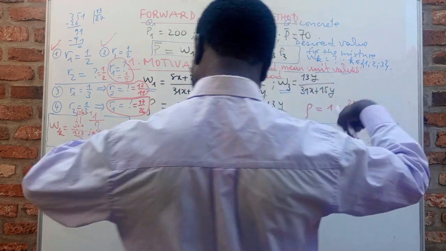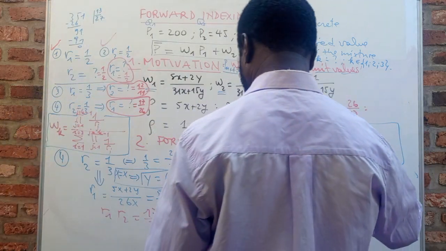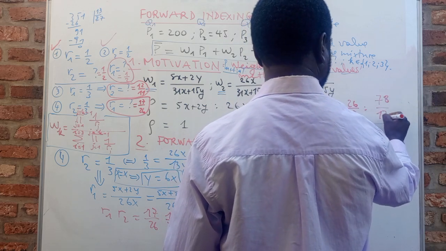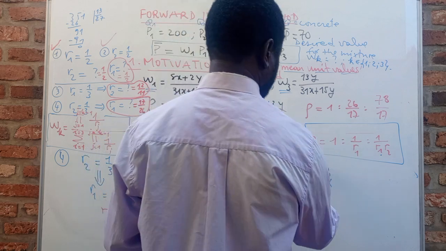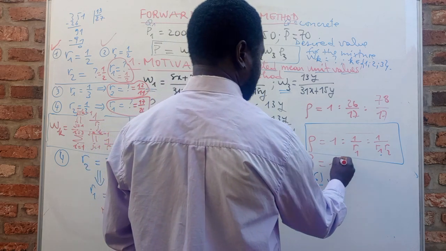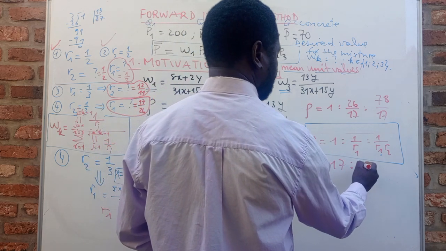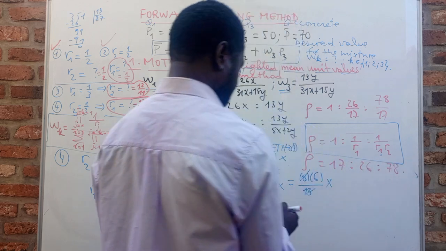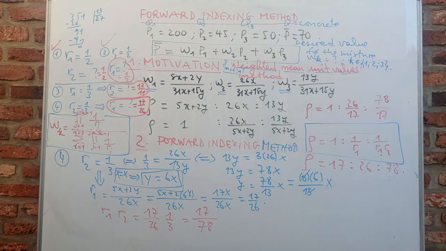Now we reverse, the reciprocal is 78 over 17. So which means that for simplification, let us take 17, 26, 78. This is the ratio for the fourth question.